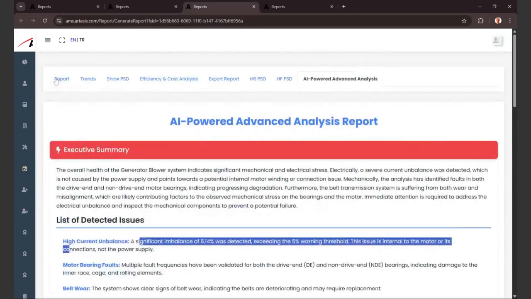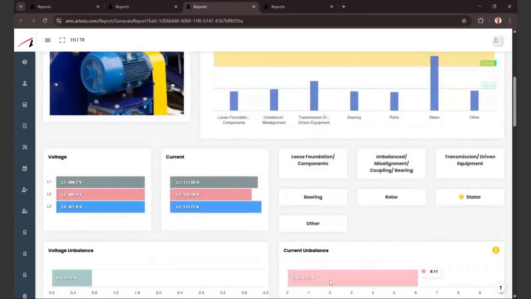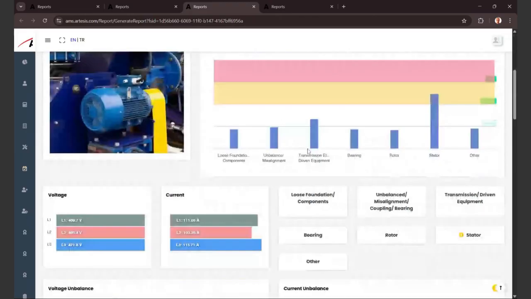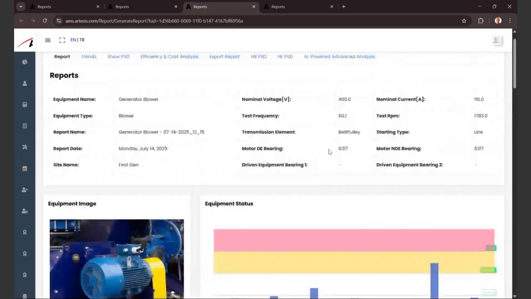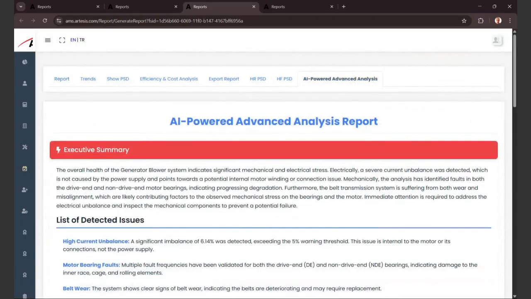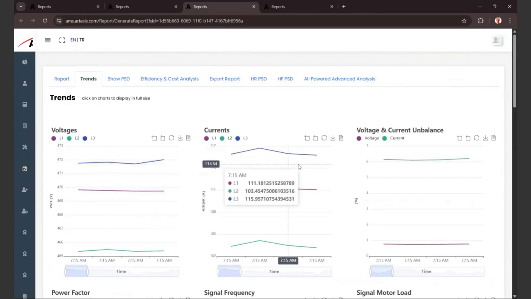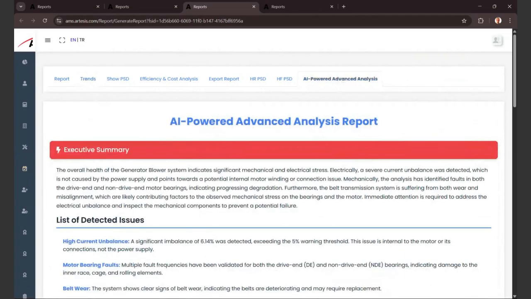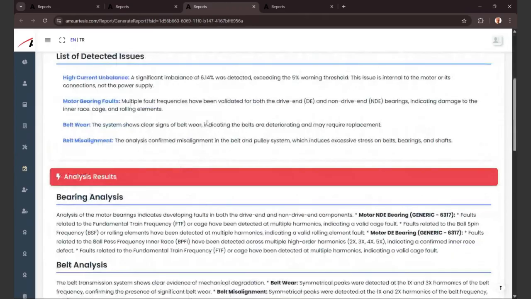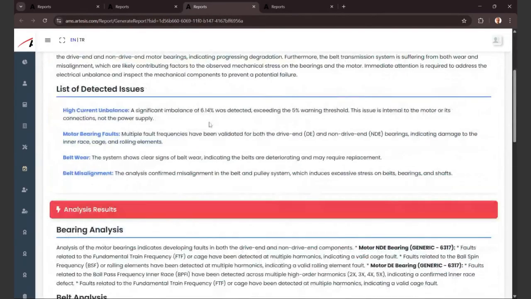We have already seen that over here, so which is correct. You might notice a slight difference. It says 6.11, but here it says 6.14. The reason for that is it takes the average of the 7-minute snapshot. So it's not just showing you the most recent data, but it's looking at the whole trend during the test period. That's the reason for that discrepancy.